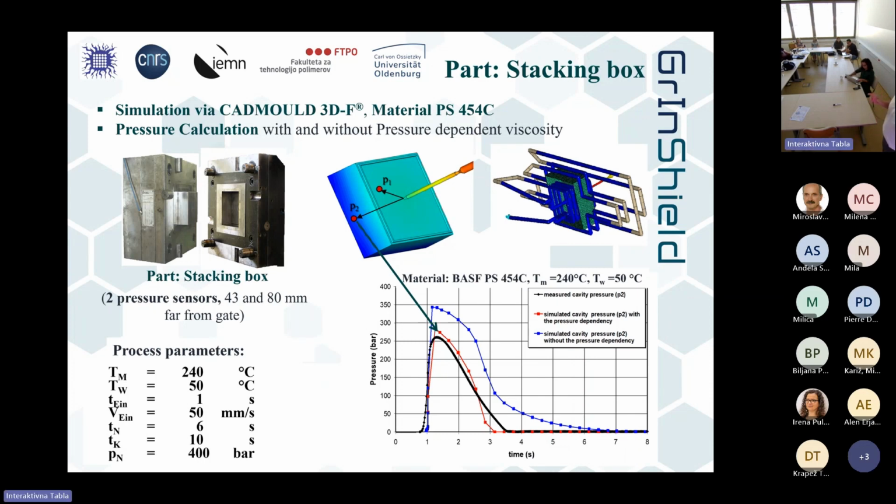You may think that must be the opposite way around. This high simulated pressure comes because the simulation without pressure does not take into account the mold deformation. Under high pressures, the steel mold deforms elastically. And here with the pressure coefficient, we are closer to the real situation.